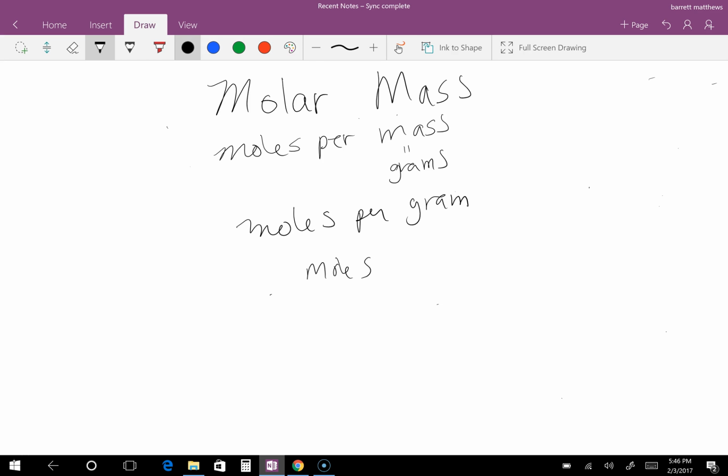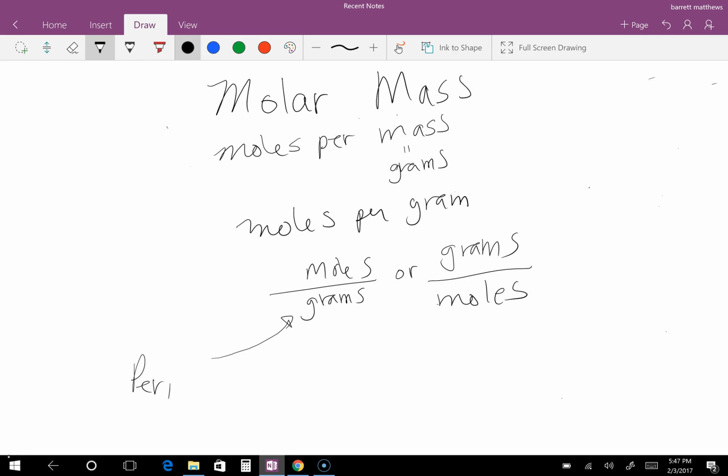We can write this as a fraction or a conversion factor, moles over grams or grams over moles. Notice the grams we are going to get from the periodic table, whereas the moles will always be 1 when we talk about conversion factors.